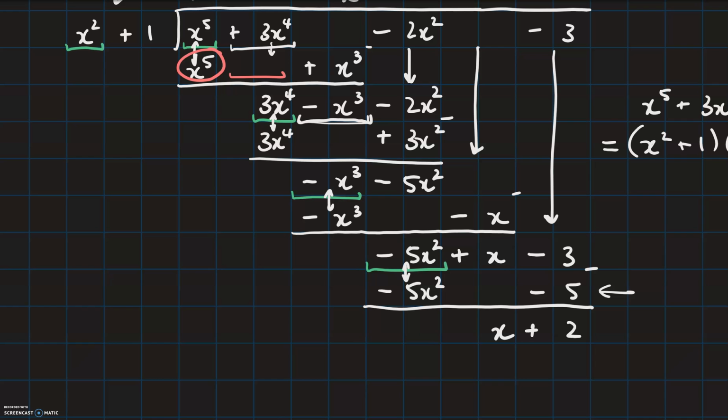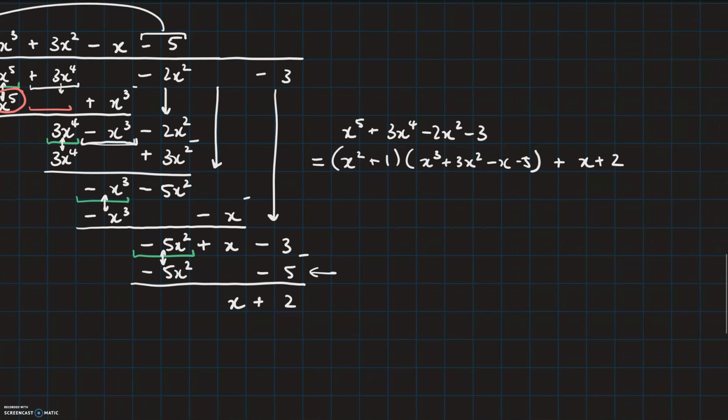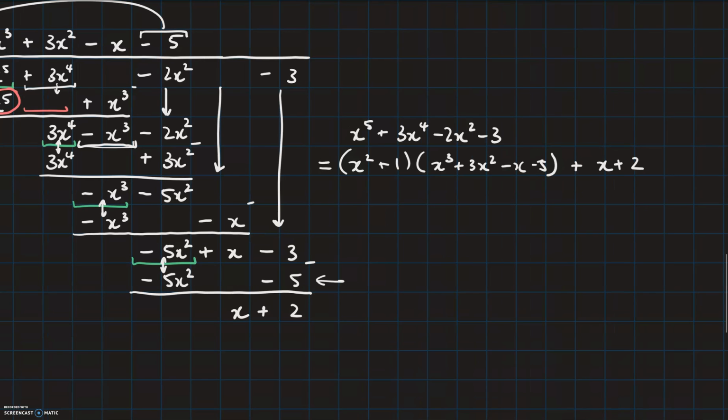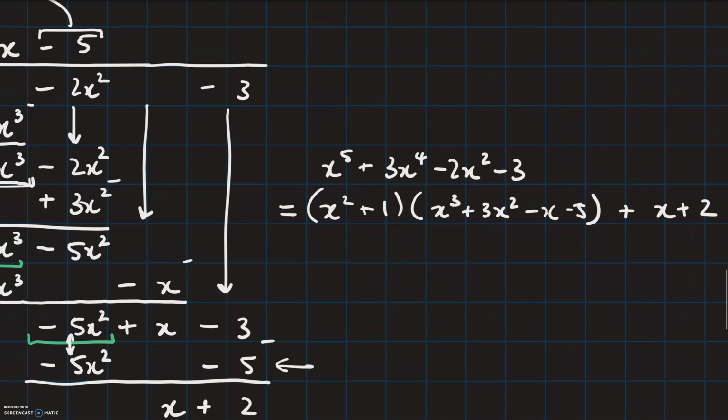Now, what we did was we subtracted, and so we got this result, x plus 2, at the end. And so what I did on the right here was just rewrote that using my division theorem. I wrote it as my original polynomial, x to the power 5 plus 3x to the power 4 minus 2x plus 3.